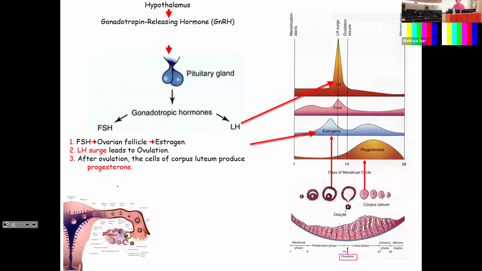We are going to start with fertilization. This is a very regulated process, and it's cyclic, and it's controlled by the brain.